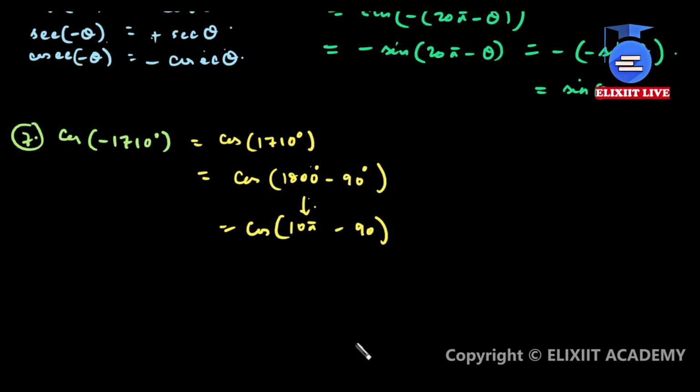Even multiples of pi minus 90 means which quadrant? Fourth quadrant, right? In the fourth quadrant cos is positive. So this is simply cos 90. Cos 90 means 0.